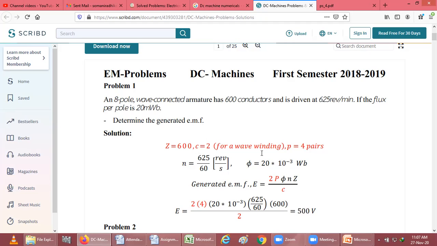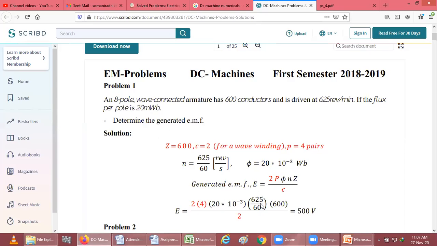If you are considering this value, putting all these values, for P you can take directly 8, or you can write 2 into 4. We have the value for φ, what they have given us: 20 milliweber. Milli means 10 raised to minus 3, so 20 into 10 raised to minus 3.